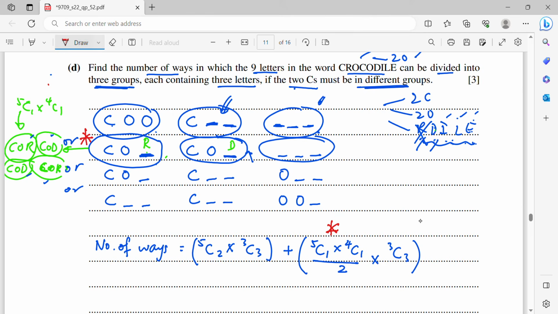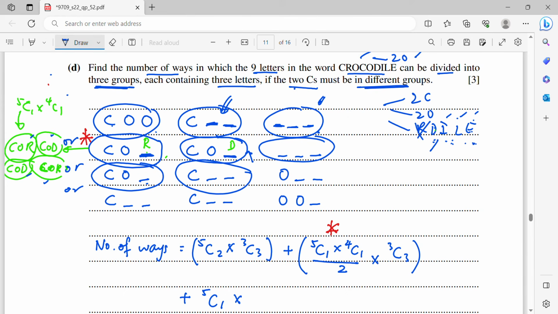So then, now the third case is when you get CO. So when here's CO, we need 1 from the R, D, I, L, E. So which means it is 5C1 multiplied by, I need 2 from the remaining. So just now I have chosen 1.